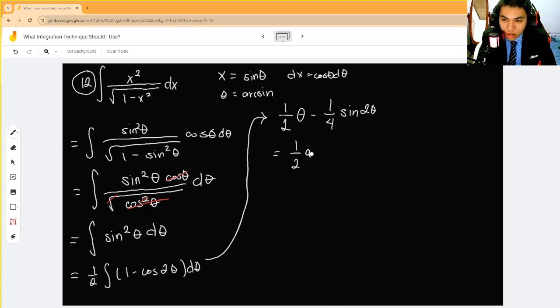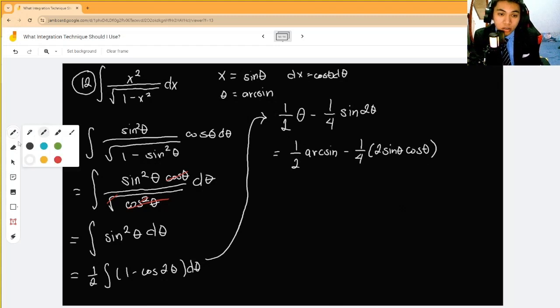So that we put arcsine, right, minus 1/4 sine 2 theta, which is the same as 2 sine theta cosine theta, double angle identity. 2 sine theta cosine of theta, right?